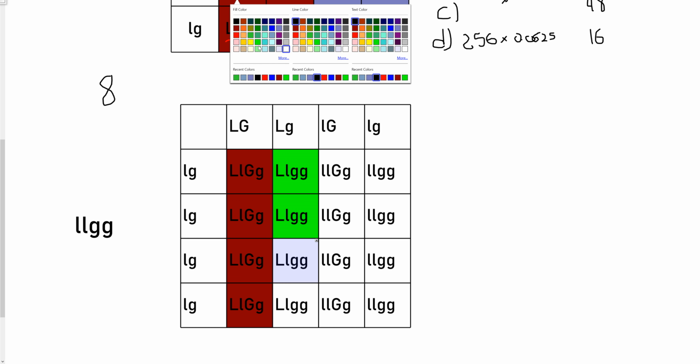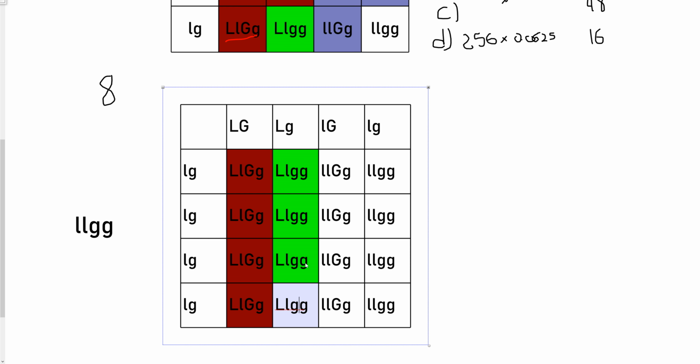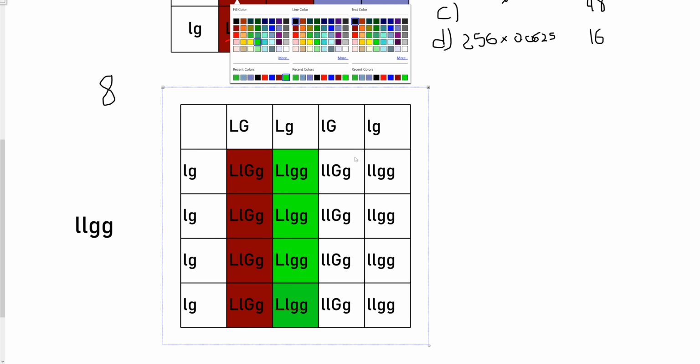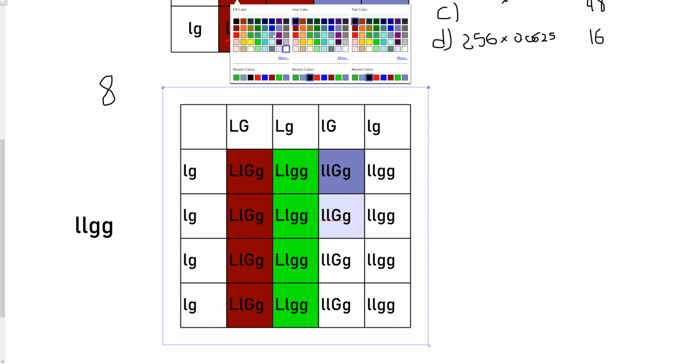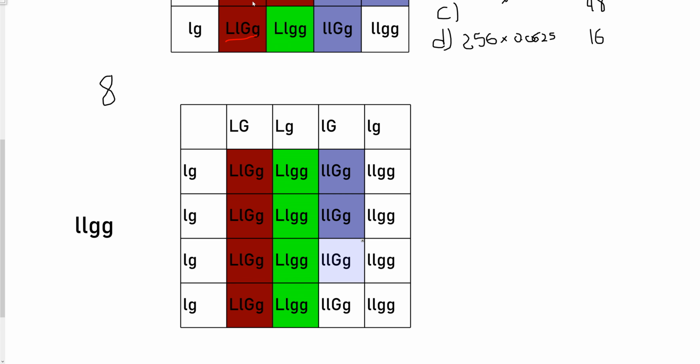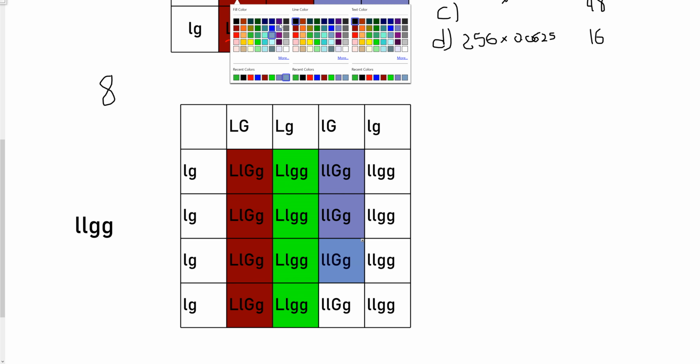All of these will be mauve or periwinkle or whatever you want to call it. I'm really not good with colors apparently because I'm clicking the wrong ones. And the last ones will be white because I didn't bother to color them.